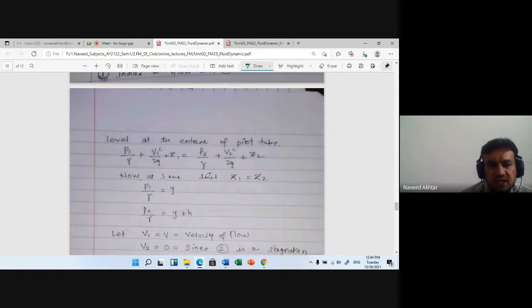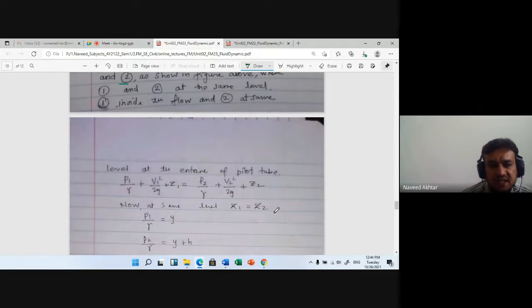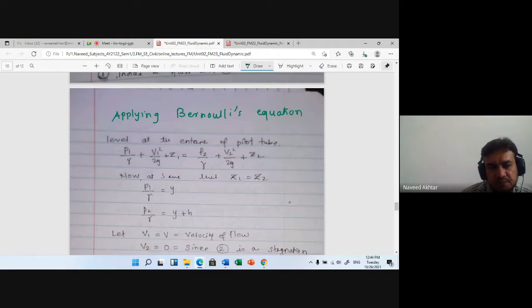Here also we are applying Bernoulli's equation. So P1 upon gamma plus V1 square upon 2g plus Z1 is equal to P2 upon gamma plus V2 square upon 2g plus Z2.